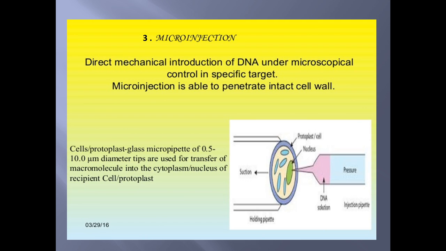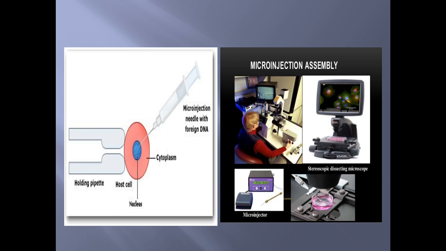The micropipettes have 0.5 to 10 micrometer diameter tips, used to transfer the DNA into the cytoplasm or the nucleus of the recipient cell. In this technique, a traditional compound microscope of around 200x magnification, or a dissecting stereo microscope of around 40 to 50x, is used.